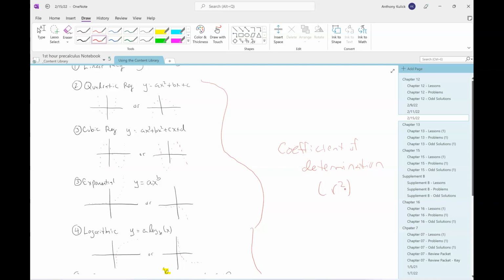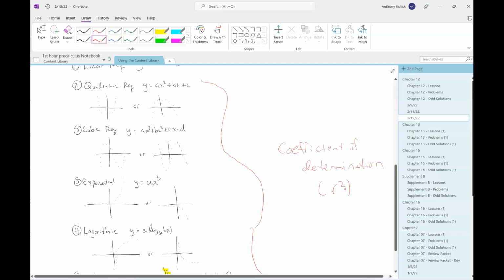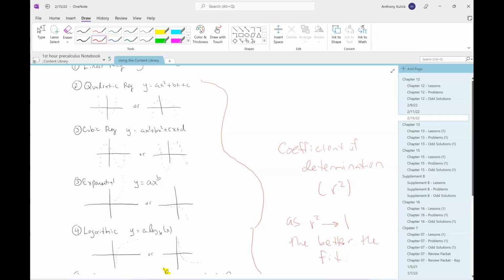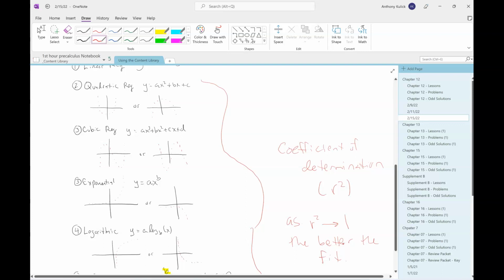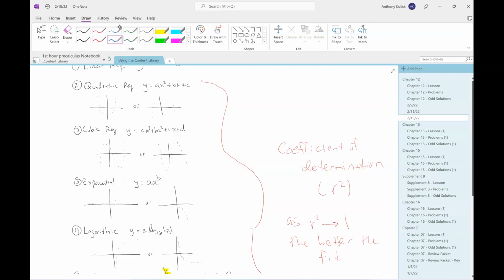Now remember, if we have something squared, that number can't be negative, right? So basically, as R squared gets closer to 1, the better our fit is. So R squared values close to 0 are bad fits. R squared values close to 1 are good fits. So far, so good.